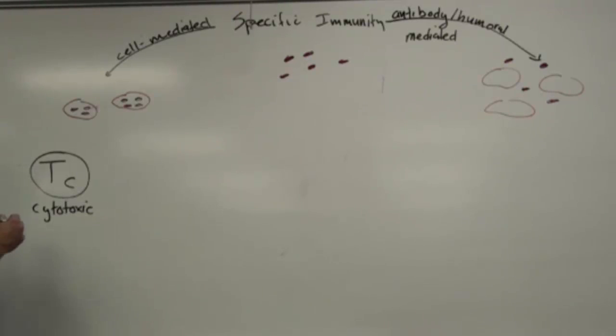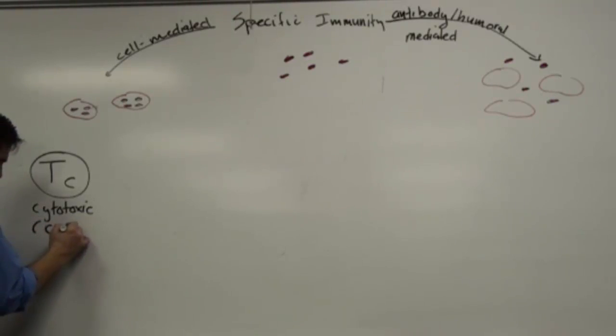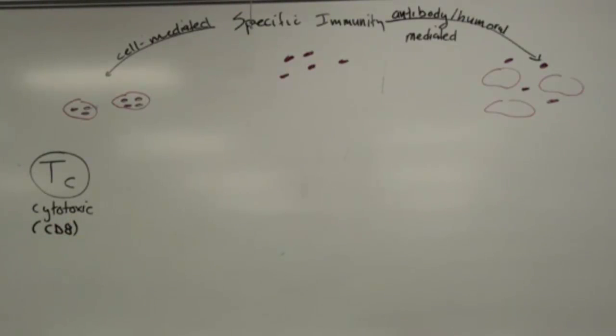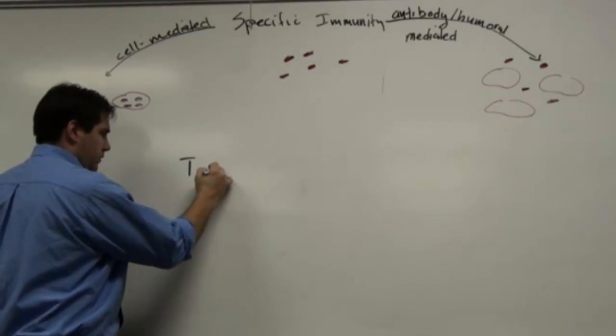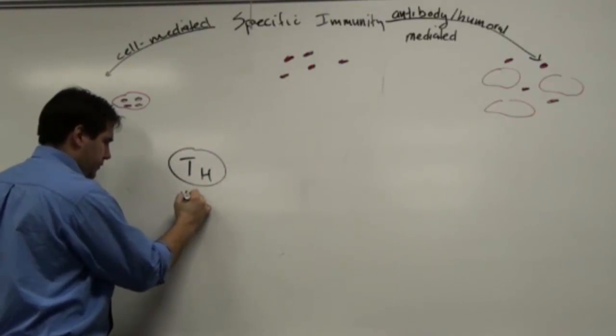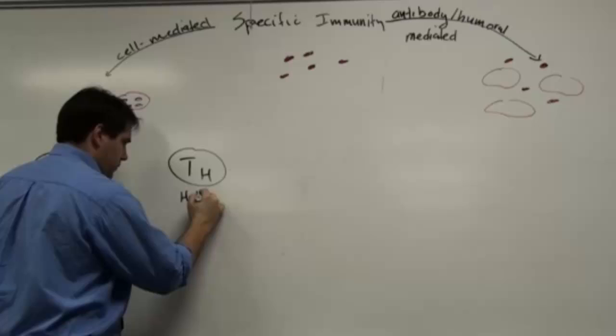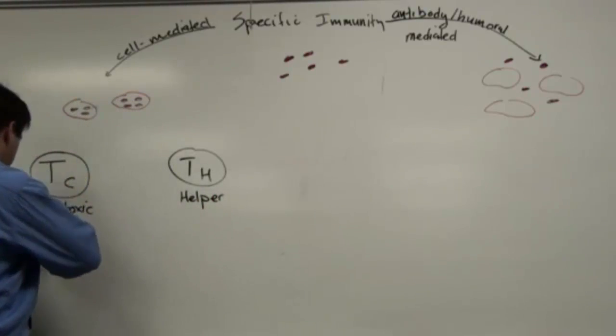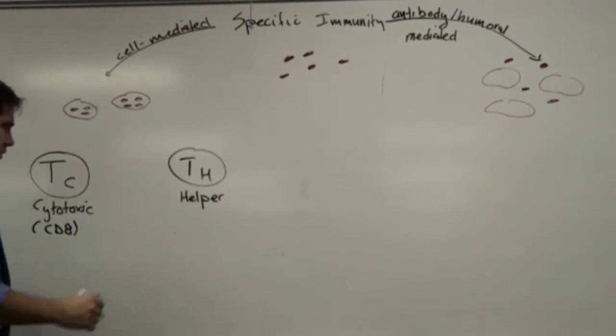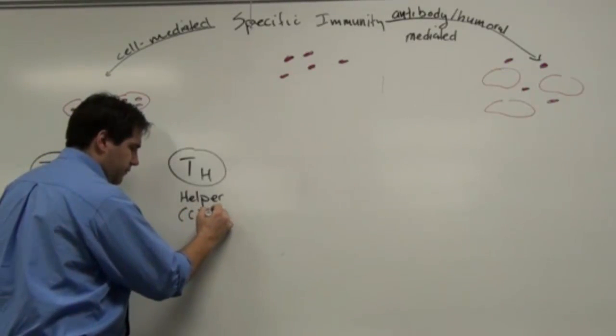But if two groups find the same cell around the same time, sometimes it gets two names, and both names stick. So the TC cell is also called a CD8 cell. It's a TH cell. Here the H stands for helper. Or the other name for this is a CD4.